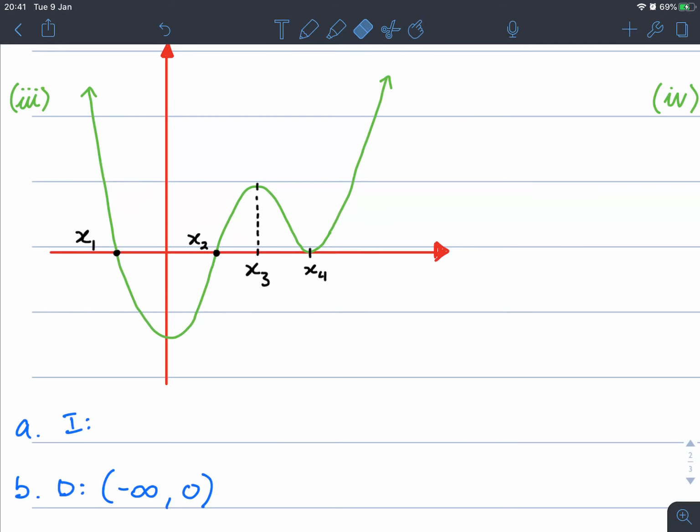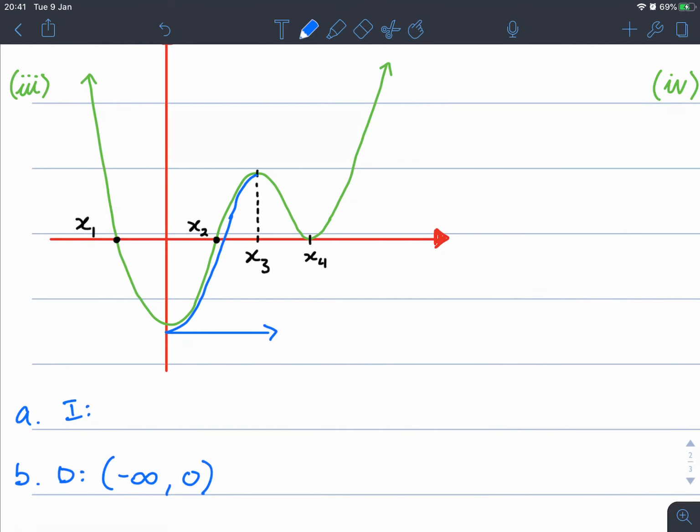Now from this point, x equaling 0, as x increases, y is also increasing until it gets to this point there. That's a stationary point. So it's increasing from 0 until x3.